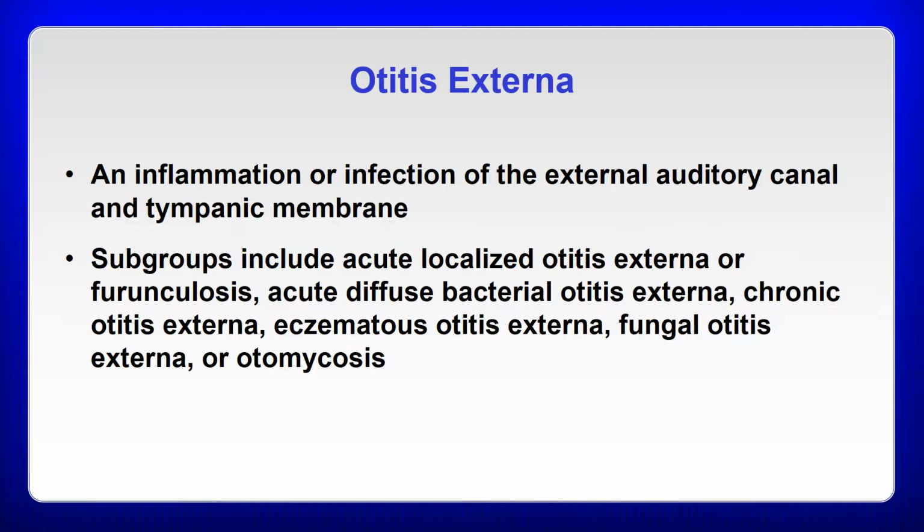So again, structurally, this is more of an infection of the ear canal and possibly part of the tympanic membrane as well. And again, this will be caused in water sports because swimmers get water in their ear, and that encourages an environment where the infection can kind of take hold in that part of the ear.